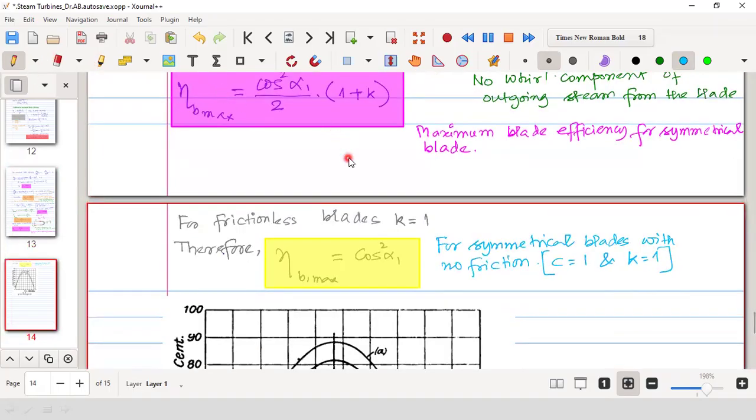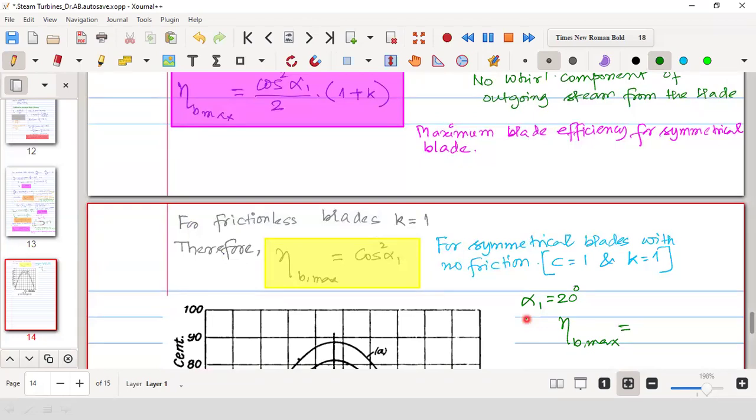Okay. So what is the value? Can you tell for that cos alpha 1, if alpha 1 is say 20 degree, then what is the max?